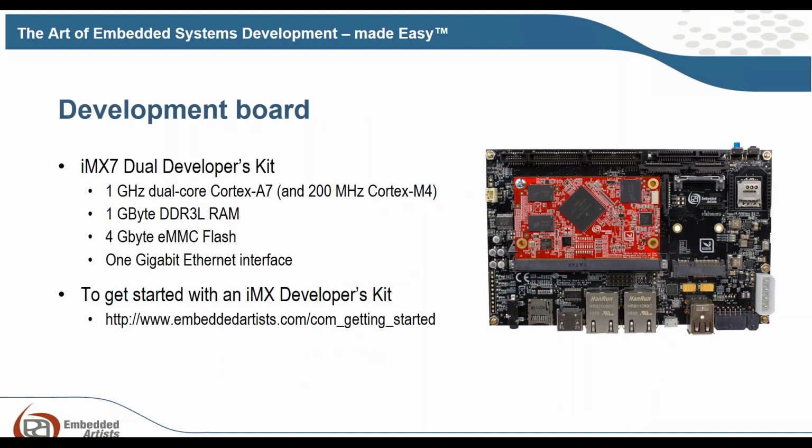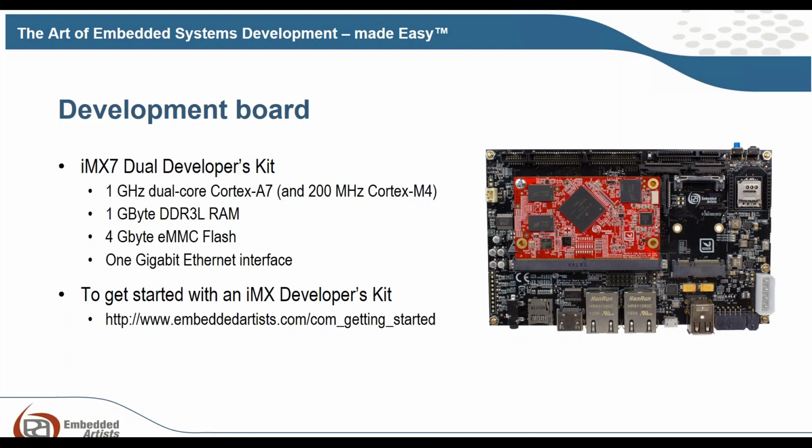Thank you. So, a little bit more details about the demo board used today. It is our i.MX7 Dual Developer Kit. The i.MX7 Dual has a 1 GHz dual-core Cortex-A7 processor, and it also has a 200 MHz Cortex-M4 core.